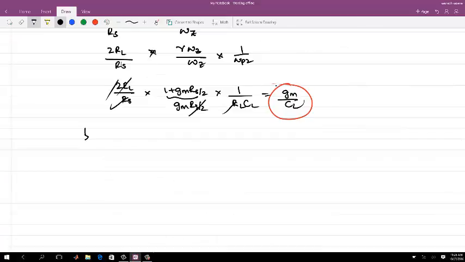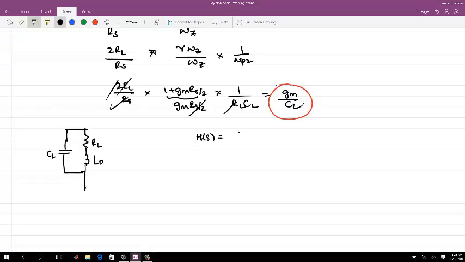So let's say you have series with, so now this is the load RL, let's say load inductor LD, and parasitic capacitance or the load capacitance is CL. Okay, so previously in a CTLE transfer function, you have ADC. I am writing it again and again because this will help you to understand what parameters affect the CTLE performance.